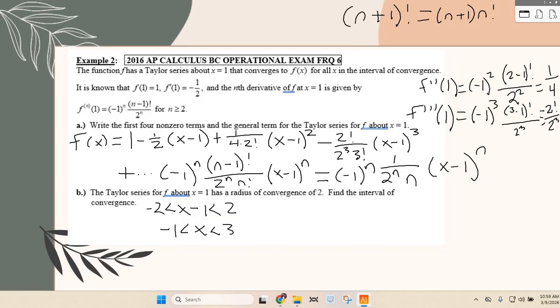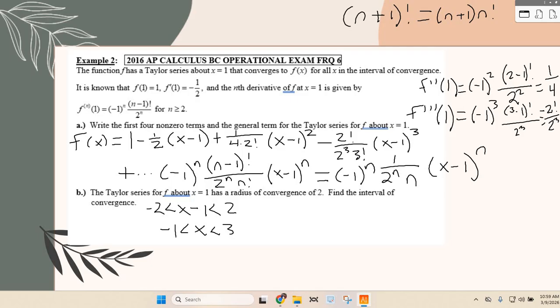But this was not a geometric series, yes? So what do we have to test? Our endpoints. Which is where it would probably be more helpful to have it simplified because I'm going to have to plug those values in. And so it's going to be a little bit easier to see if it's convergent or not when I plug those values in.